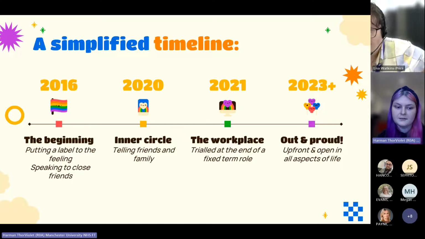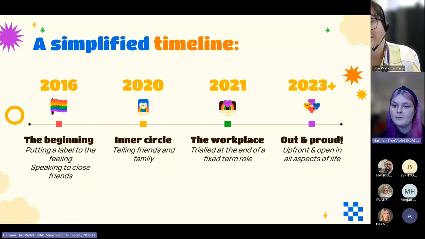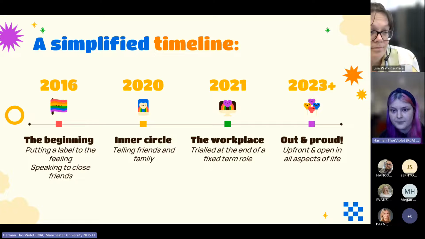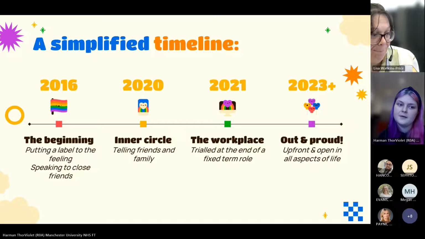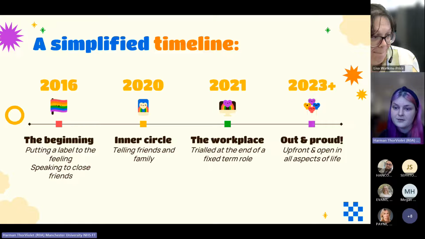However, I did start having some worries about coming out wider. I was quite worried that people would think it was attention seeking, which I'm sure is a phrase you've all heard before. I just wanted to be authentic and true to myself, but I didn't want to be a talking point. I also had concerns that I'd be seen as quite one-dimensional.